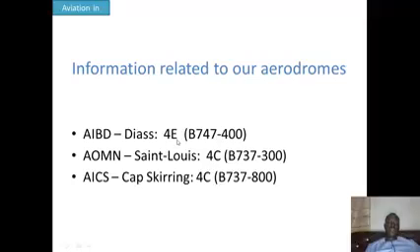The Aerodrome reference code is 4E and the reference aircraft is the Boeing 737-400. And the newest airport in Senegal is Ousmane Masseck Airport, which is located in Saint Louis, the northern part of the country.